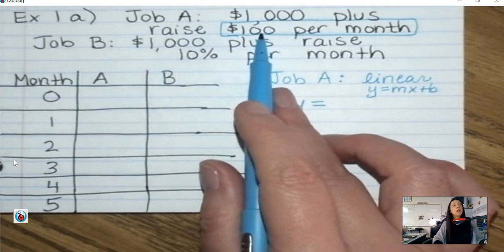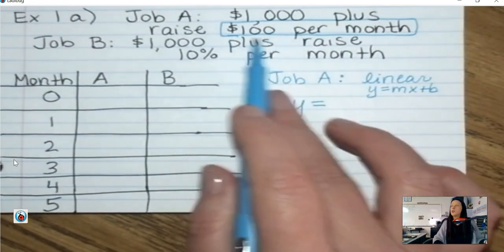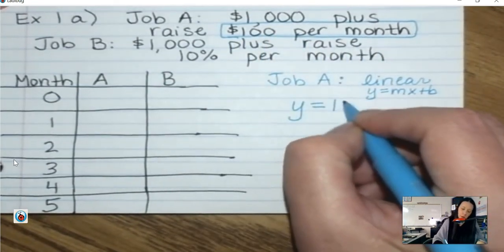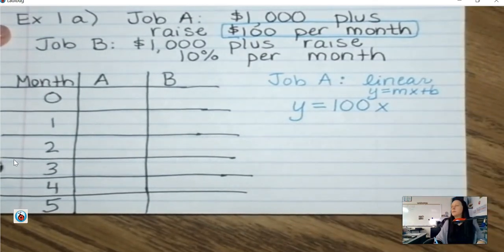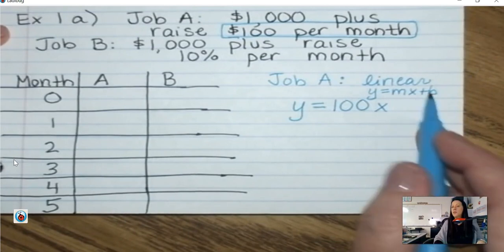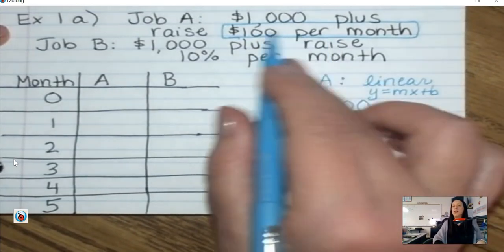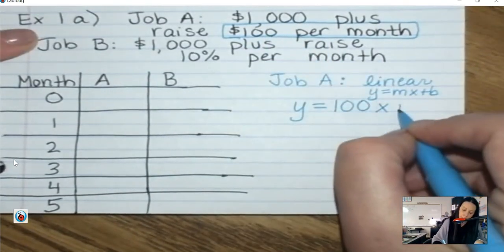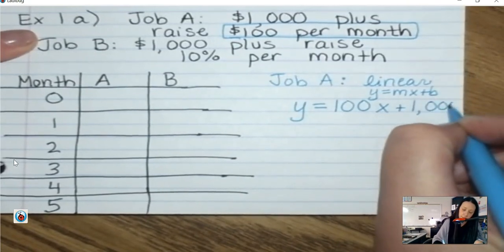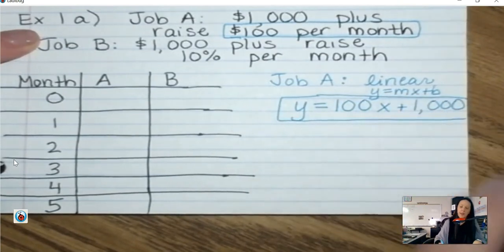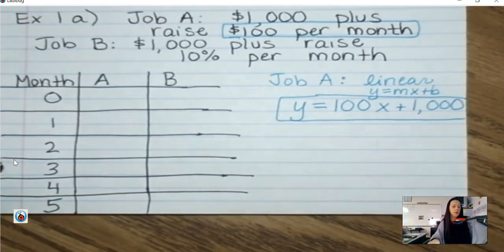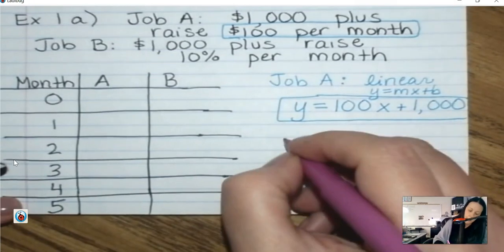So it's changing $100 per month, so 100 is your slope. So put in 100 for the slope. Then we put the x. The b value is your y-intercept, or your starting point. The job started at $1,000, so plus 1,000. So there's job A's equation. We're going to need that in a minute to put that into our calculator.